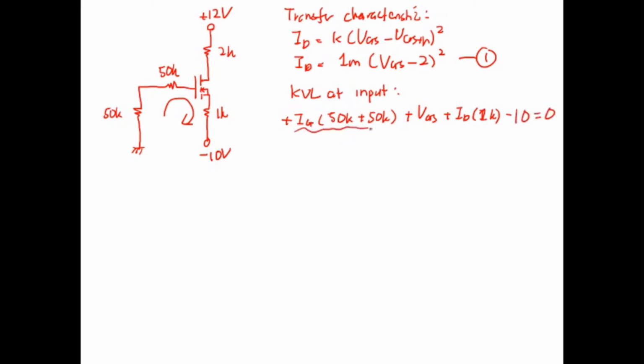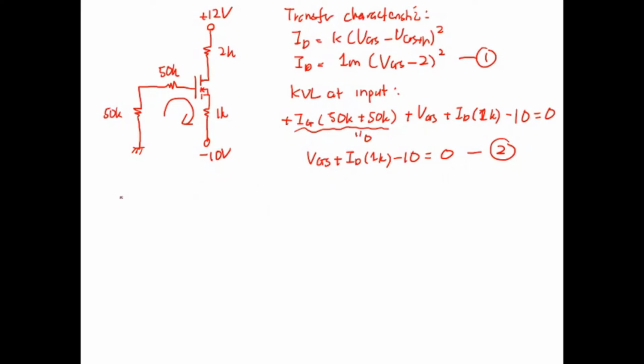Here the IG term is equal to 0 because gate current is 0. So you get VGS plus ID times 1K minus 10 equal to 0. So this is your second equation. You have the first equation, you have the second equation. For this example, we do the mathematical solution only.